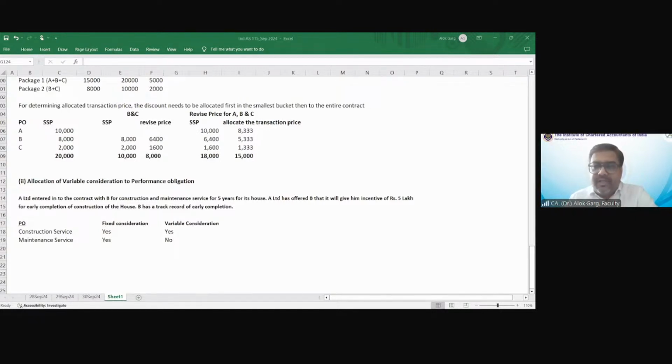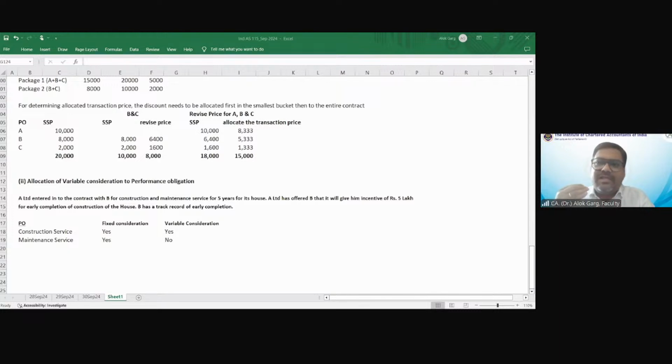What if there were 3-4 performance obligations and the variable consideration relates to the first three, not the fourth? In that case, that 5 lakh rupees has to be allocated in the ratio of the standalone selling price of the first three performance obligations. Right, so that was the reason.